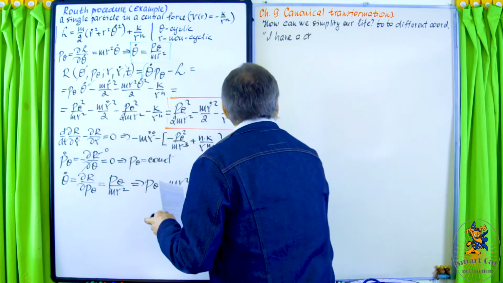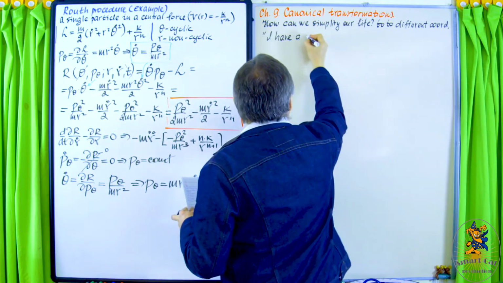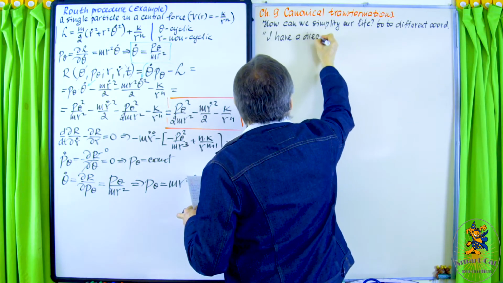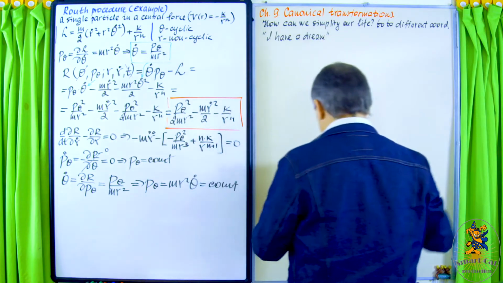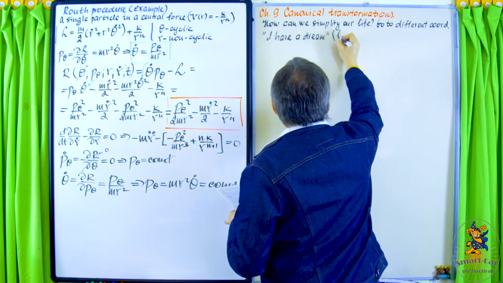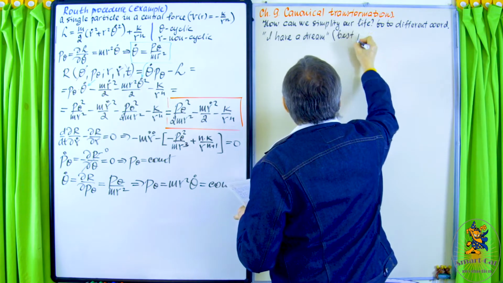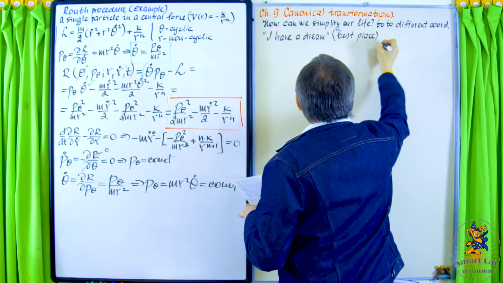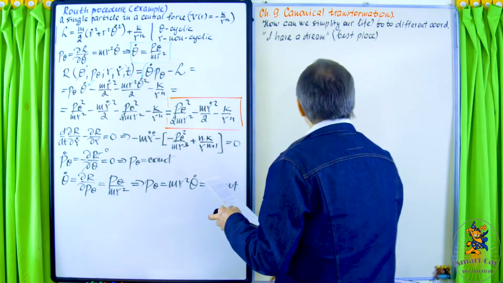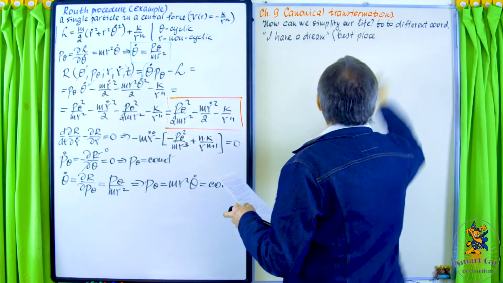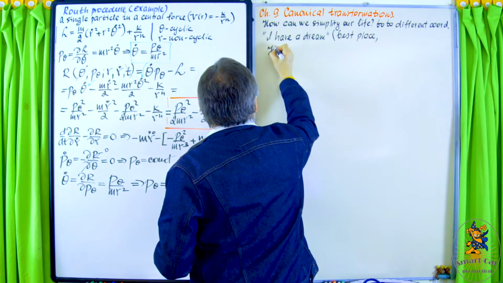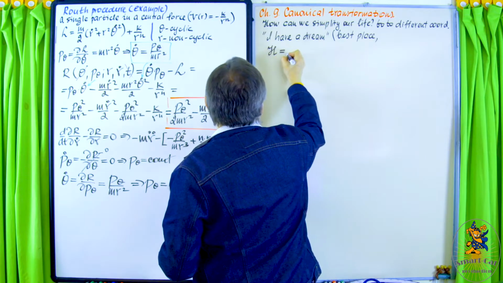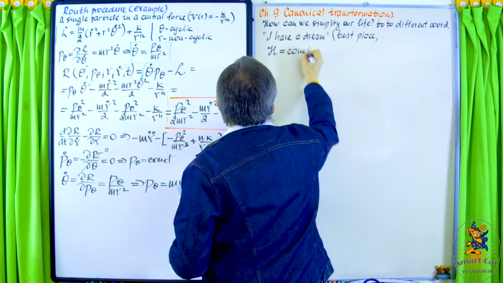Strange symbols. All right. So best place. You know what? Let me remove this bracket. Best place. All right. So what if the Hamiltonian is constant?